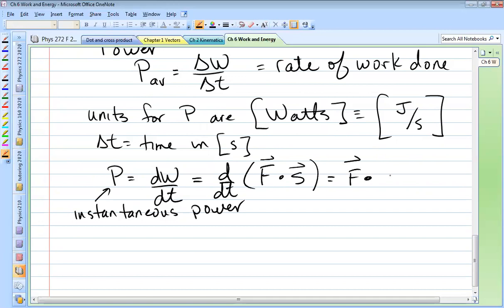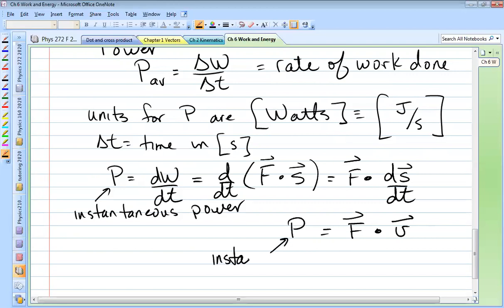Take that out, you go dot, and I've got ds dt, which is velocity. It's force dot velocity. Okay, and that's also power. So instantaneous power is force dot, and then this is velocity.